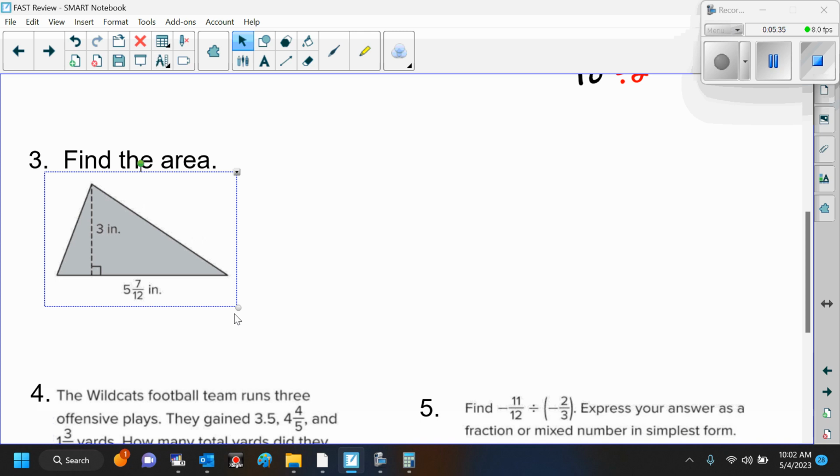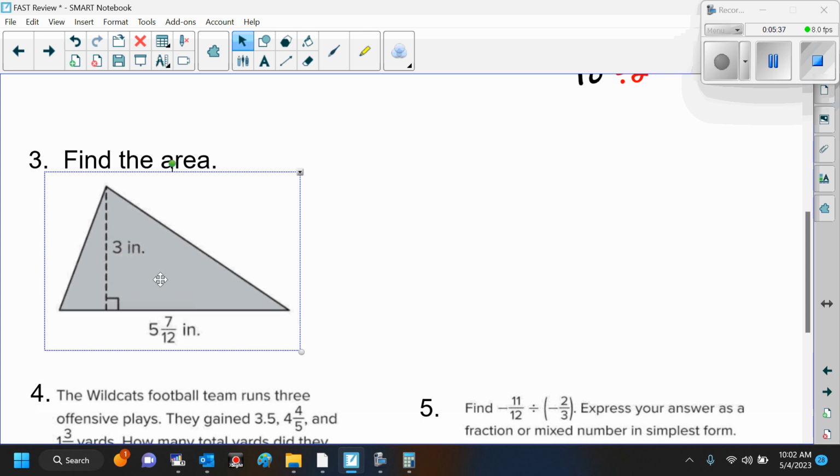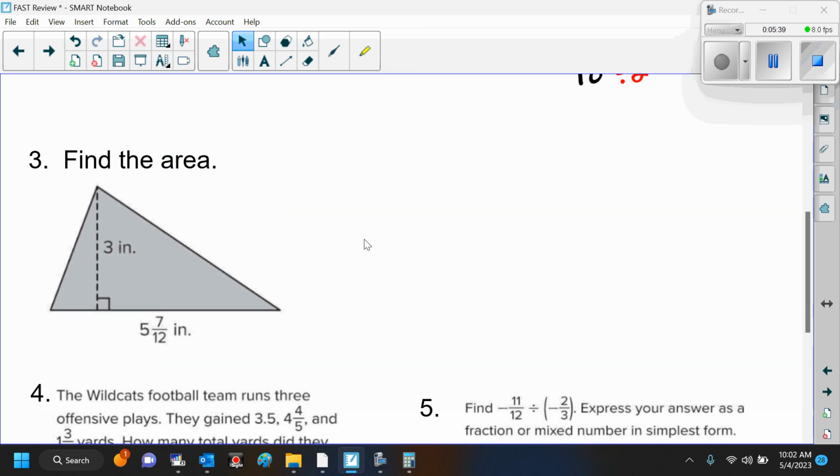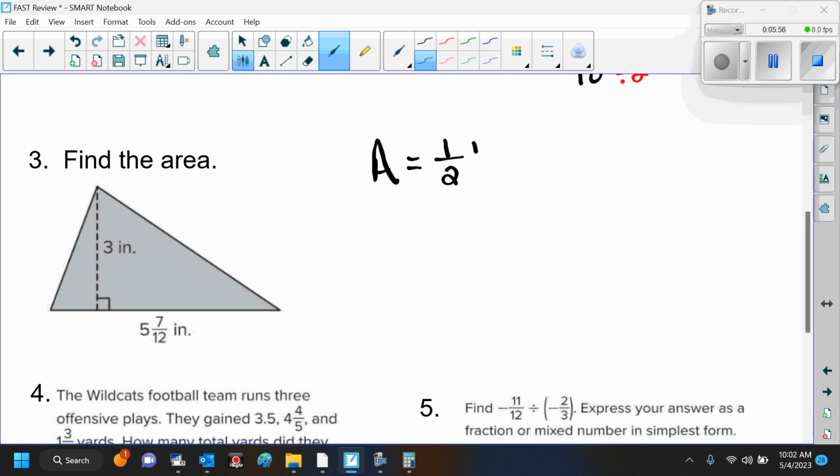All right, so for number 3, we want to find the area of this triangle. Okay, so here's our diagram. What are we going to start with? Very good. So we're going to start with the formula. The formula for the area of a triangle is what? 1/2 base times height. Very good.